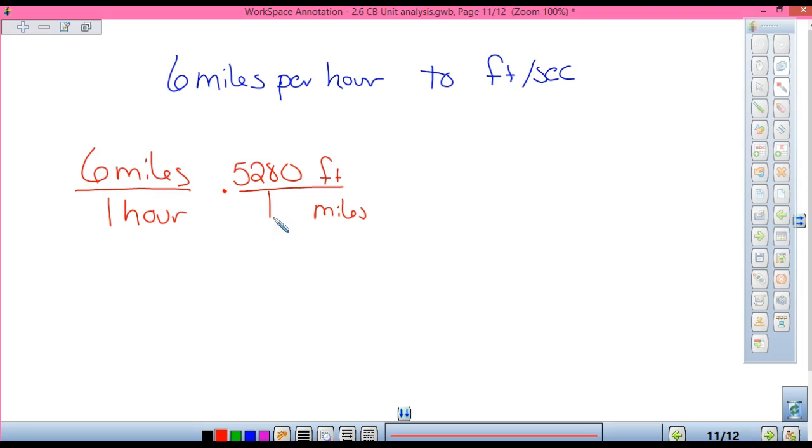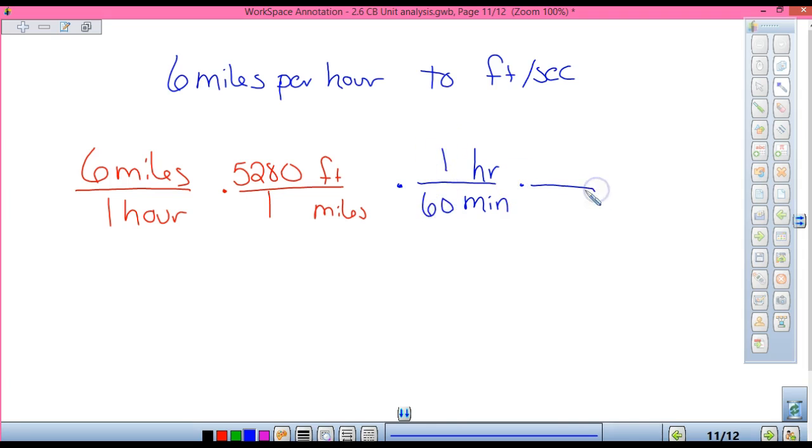Now I have hours, but I need to get hours into seconds. Hours are on the bottom, so where does hours have to go? On the top. How many minutes in an hour? 60 minutes in 1 hour.